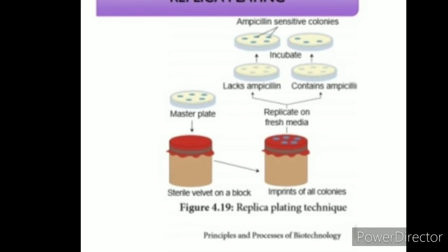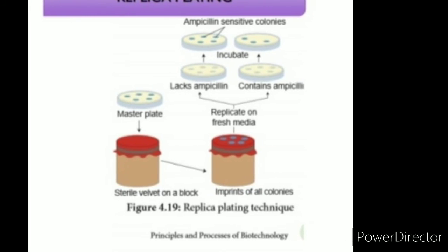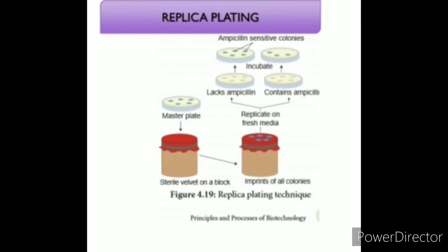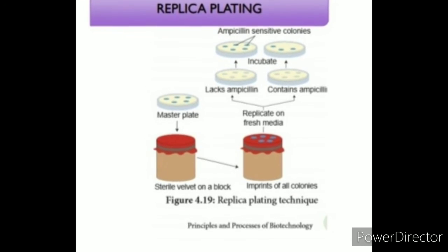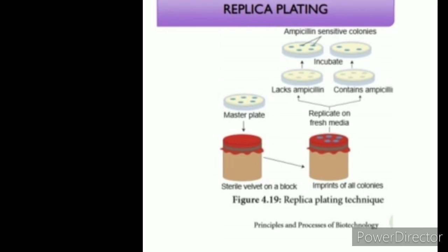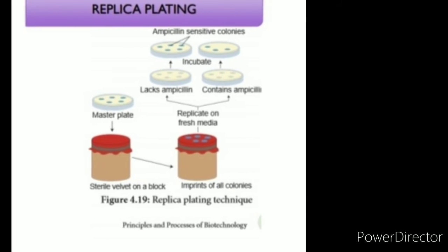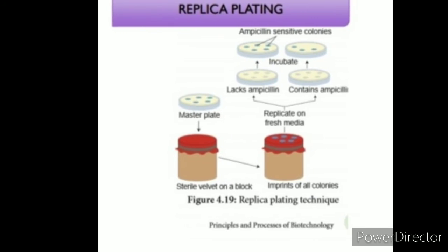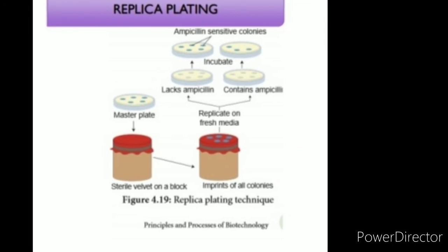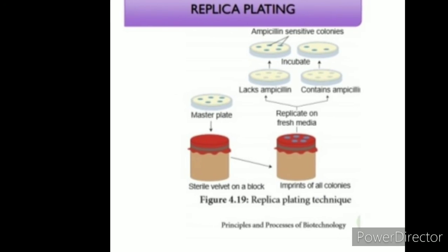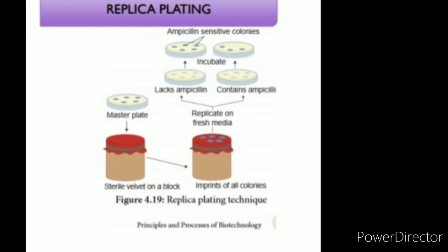Now invert the velvet onto the plate containing the antibiotic ampicillin. Only ampicillin resistant colonies can grow in this medium. Ampicillin sensitive colonies will not grow in this medium. In this way, transformed cells or recombinant bacterial cells can be selected.